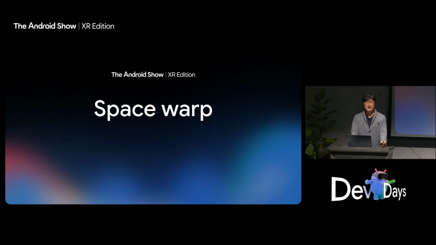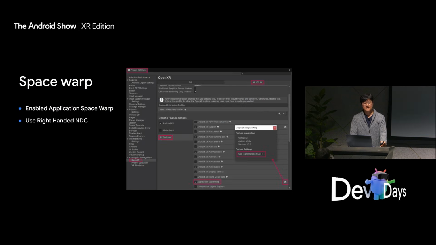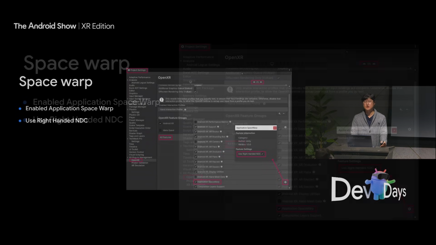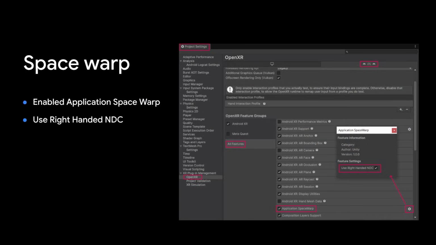However, we advocate testing Space Warp within your specific scenes, as its effectiveness and potential for visual artifacts can vary based on your application's use case. Enabling this feature is straightforward. You can activate Application Space Warp in your OpenXR settings, and then configure use right-handed NDC.